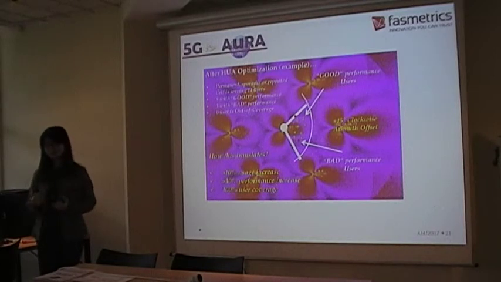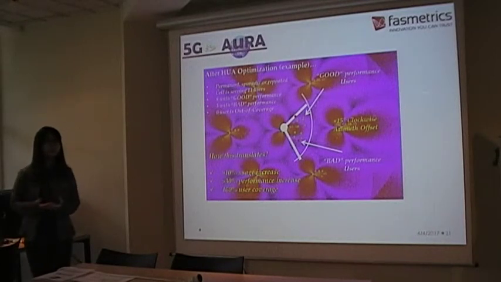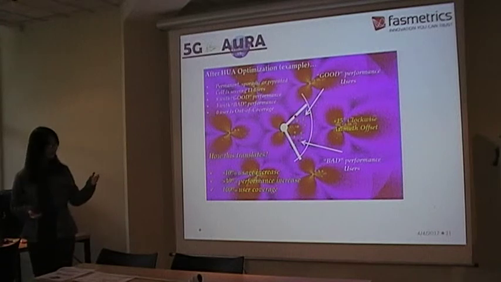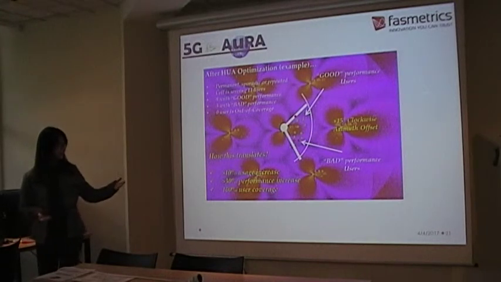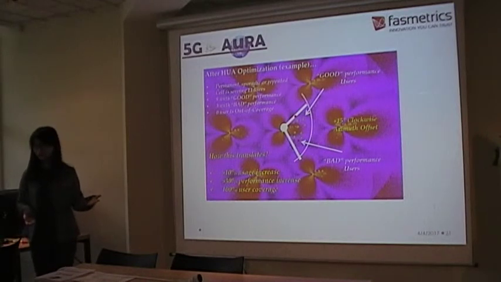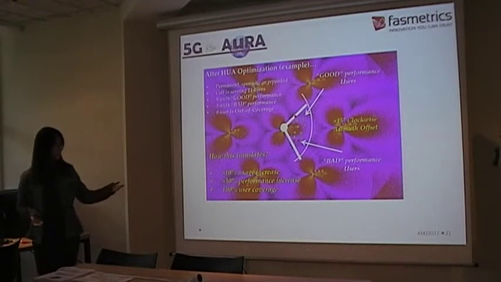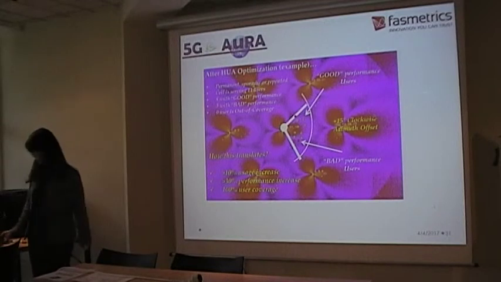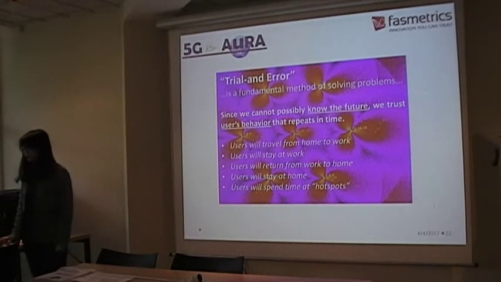And what does this improvement mean in the system? It means we can get 10% more usage in this network, and the performance can be increased by 30%, and we are getting 100% user coverage in this cell now.